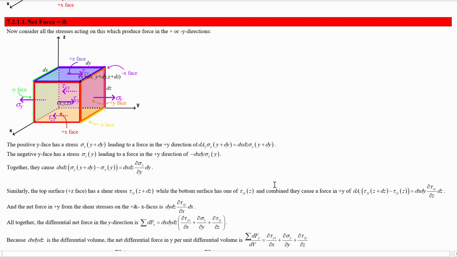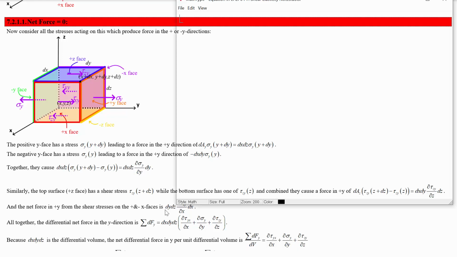And as before, we can say that the difference in these two stresses, by a linearization, leads to this quantity here. So what do I mean by a linearization?